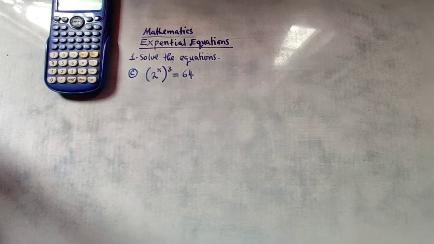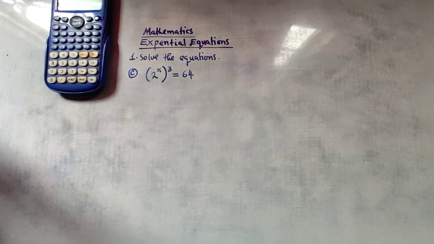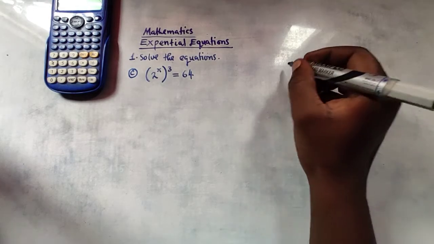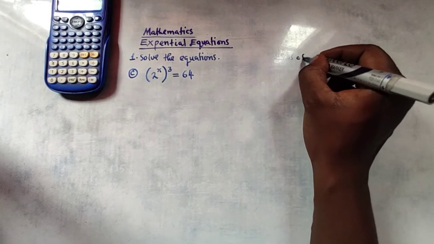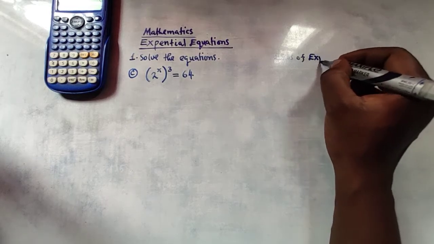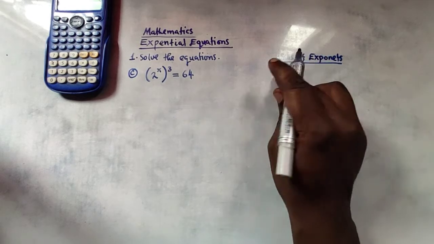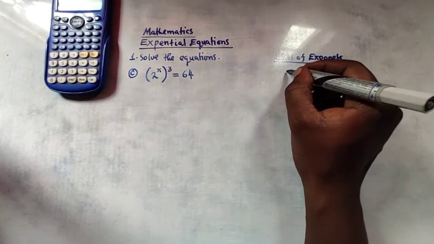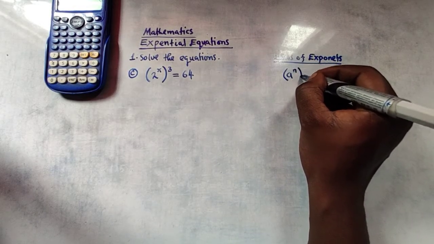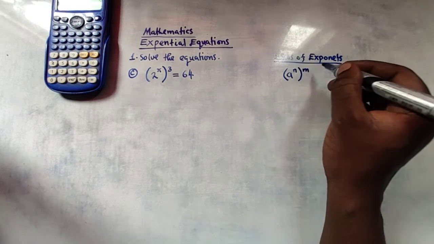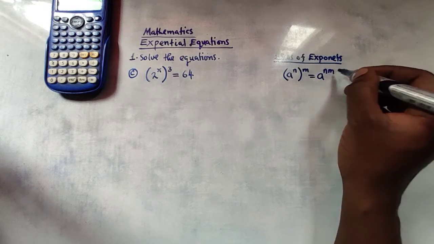On the left hand side of the equation, we can use one of the laws of exponents, which states that (a^m)^n is equal to a^(n times m).